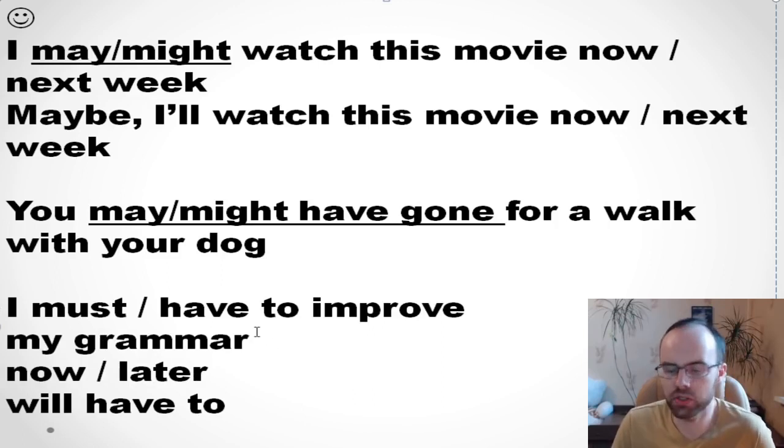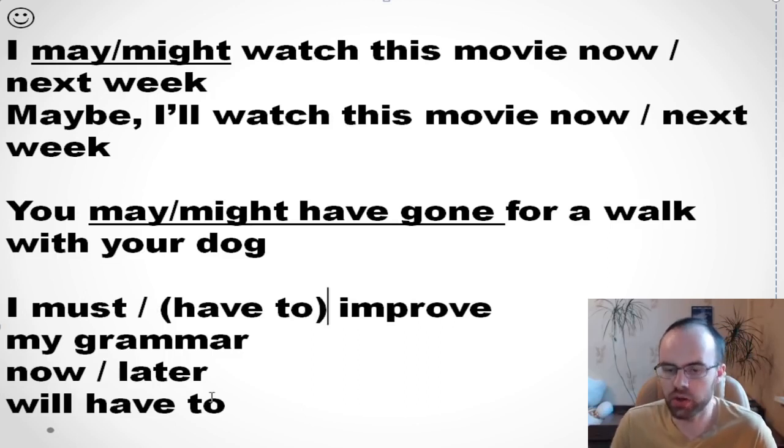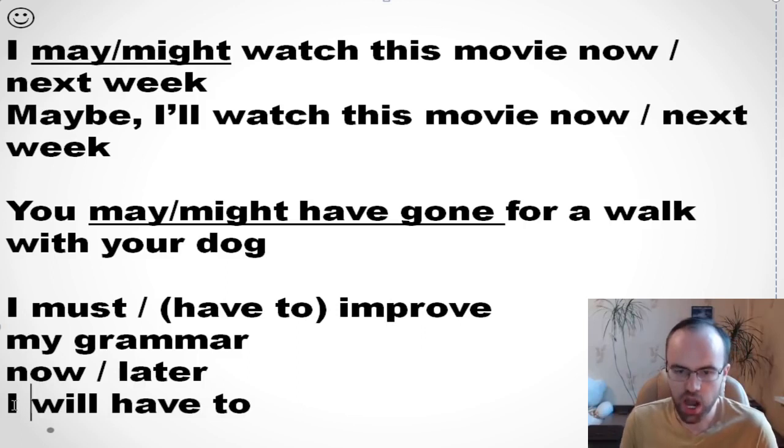If you say I have to, you need to do it because of some things, some people, or some reasons. So must or have to. We say must without to. Talking about the future, we often see we'll have to. For example, I will have to work really hard to earn much more money.